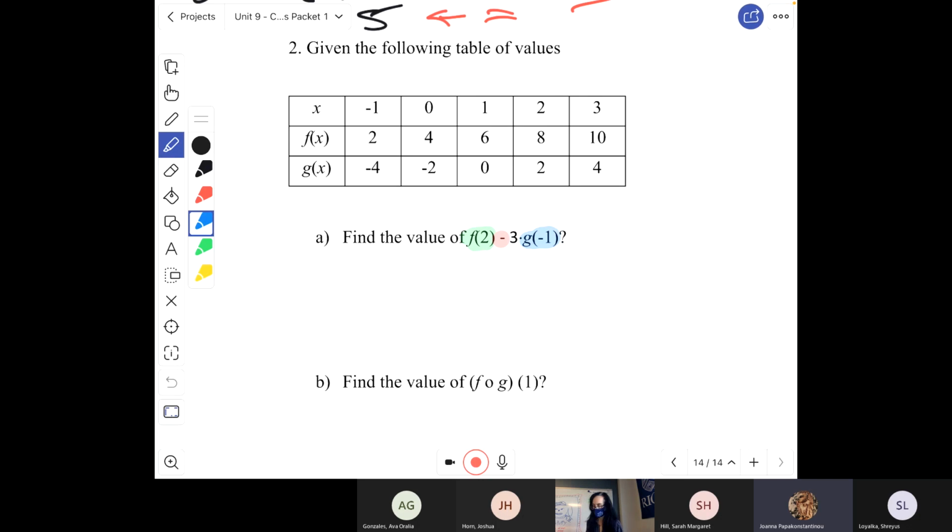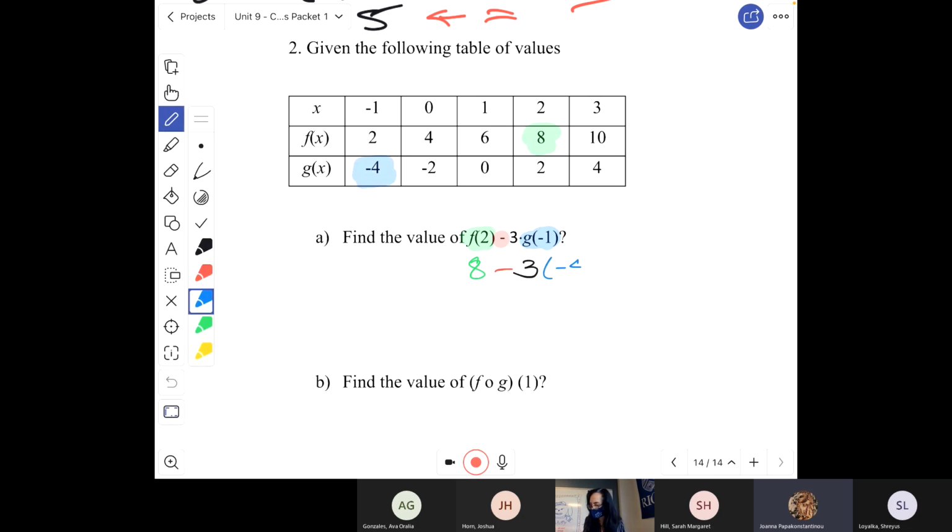How am I going to do that? Okay, so I'm looking for f of 2. What is f of 2? 8. Do we see how I evaluated f of 2 to get 8? Then that's minus 3 times g of negative 1.